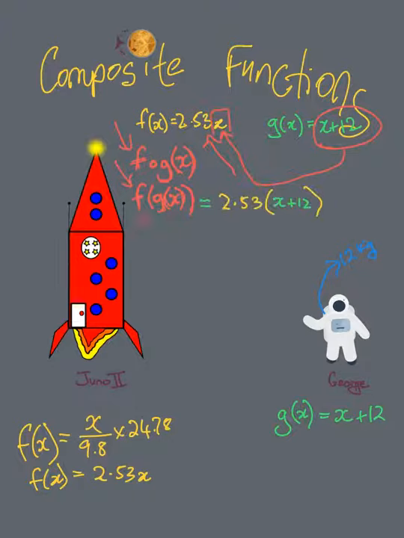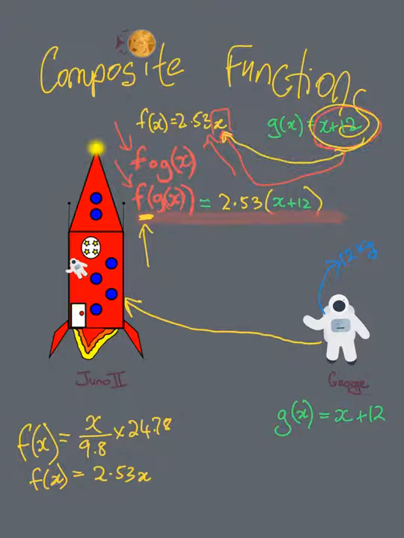So this is what the equation's now going to look like. Think about it as the astronaut is getting into the spaceship and off he goes. Or you could also think about it as when you see a composite function, you think carefully about this outside one. So there's two ways to think about it, but I would think about the astronaut getting into the spaceship. So this is going into this. That's just one way to think about it.